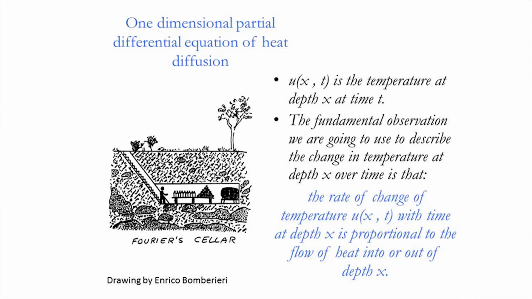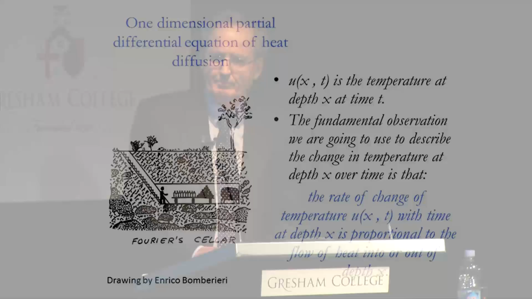So the rate of change of temperature at a particular point is proportional to the rate of flow of heat into the point. Right? More heat going in, the faster the temperature changes, and less heat going in, the more slowly the temperature changes. So we can express this in symbols as follows.